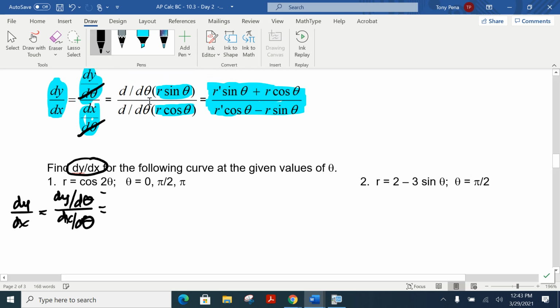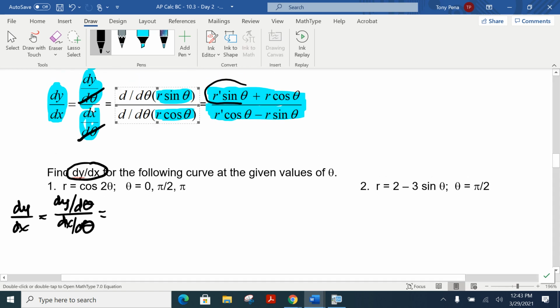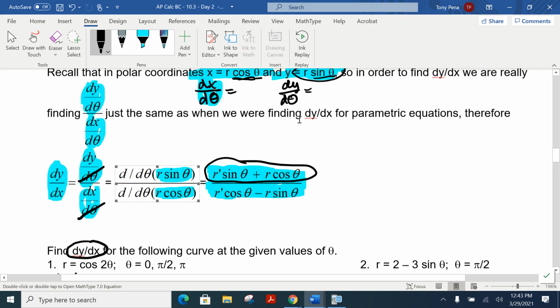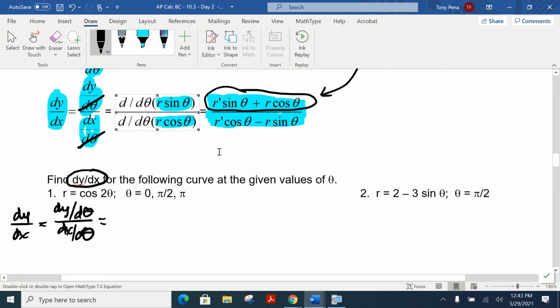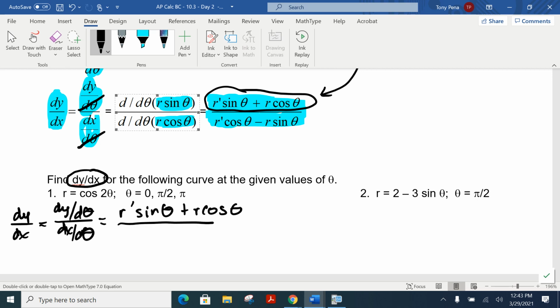So again, you can just copy it right here, but all we are doing is taking the derivative of the conversion for y, that r sine of theta is equivalent to y. Do the product rule with that, and that will give you this numerator. So we're just going to write that r prime sine of theta plus r cosine of theta, and then one giant fraction bar.